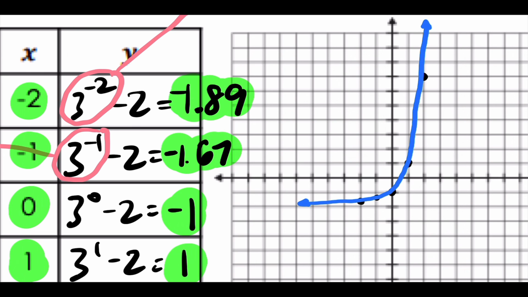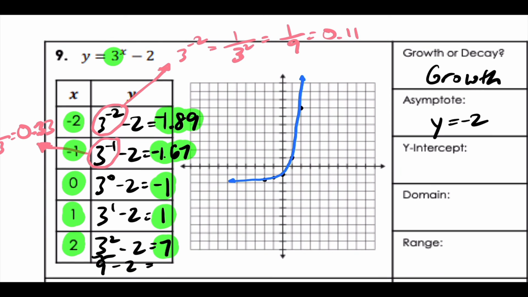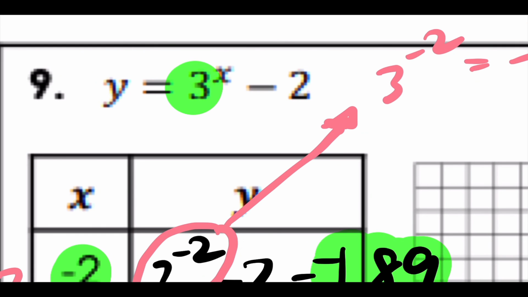Okay. All right. So we know it's going to be growth because 3 was b. All right. Where's the hard bottom? Negative 2. Yep. Y equals negative 2. I'll give you a hint here. Look at the original equation.